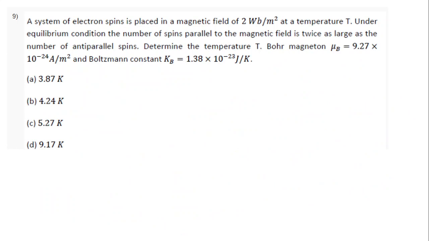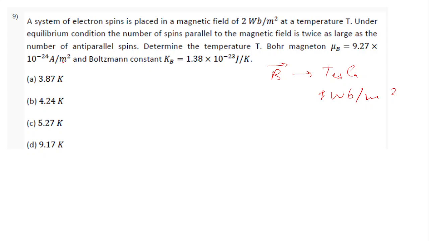Okay, next question. A system of electron spins is placed in a magnetic field of 2 Weber per meter square. So I told you magnetic flux density, its one unit is Tesla, or it's also 1 Weber per meter square.